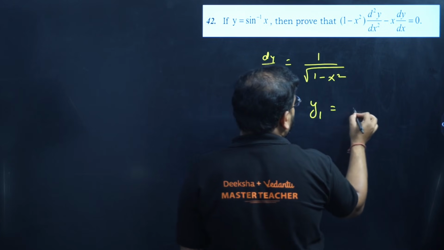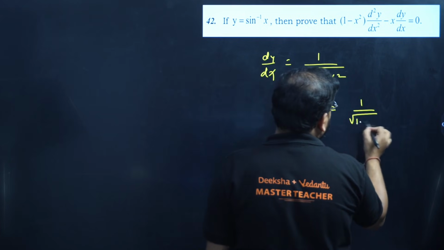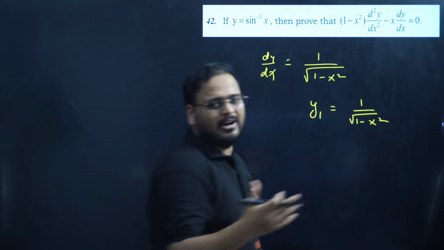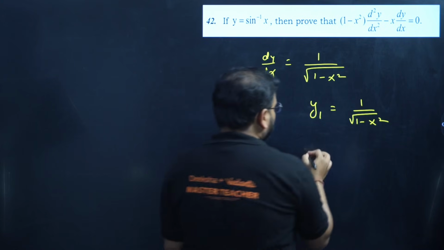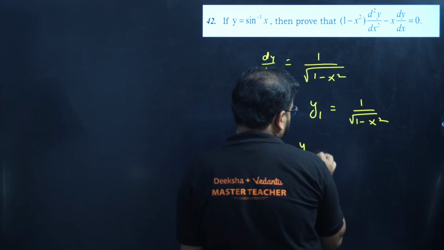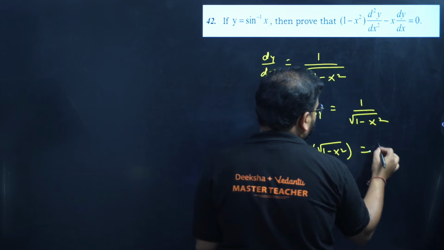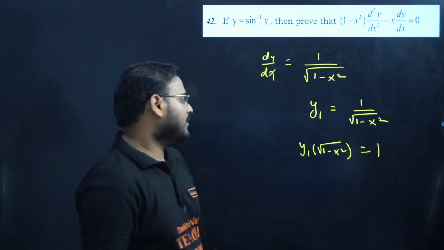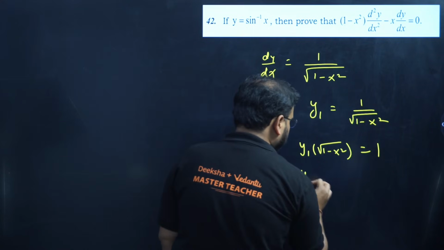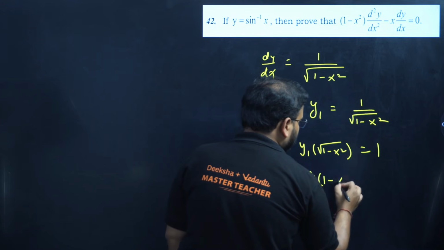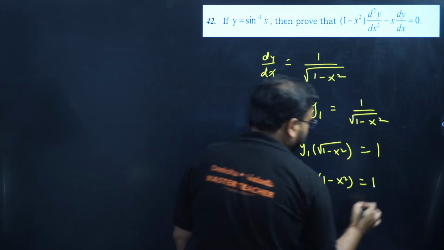Y1 equals 1 upon root of 1 minus x squared. Cross multiply, you'll get y1 into root of 1 minus x square equals 1. Square it up now. You'll get y1 square times 1 minus x square equals 1, the root is cancelled.